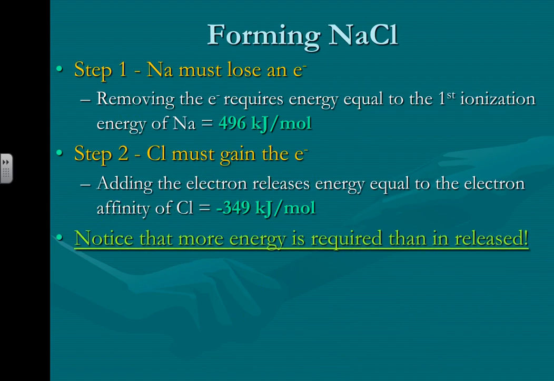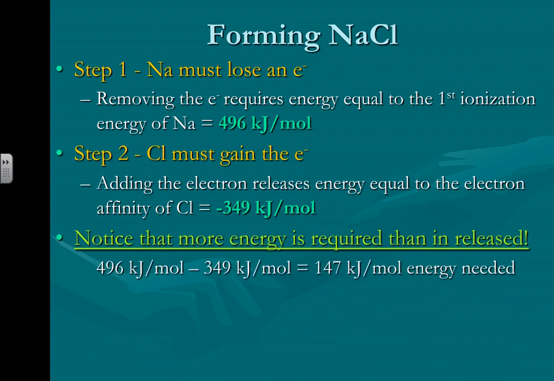If you take those two numbers, notice that more energy is required than is released, because the sodium requires 496 kilojoules put into it, and the chlorine will only release 349, which means that we're actually increasing the energy by 147 kilojoules per mole. And that doesn't seem to be in the right direction. As I said, chemistry works on stability and lower energy levels, and we've just increased the energy. So something's weird? No, we're just not done yet. So hold that thought.